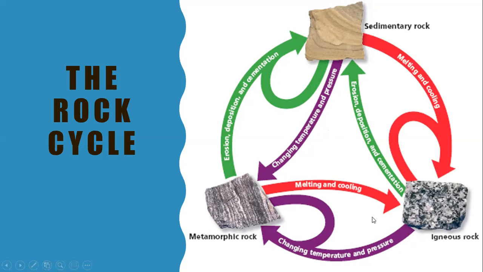On the reverse of that, if you want to melt a rock and then cool it, igneous. So if you want to go from sedimentary to igneous, just melt and cool it, igneous. If you melt and cool an igneous rock, still igneous. So this is how to read the rock cycle chart. Just focus more on metamorphic rocks.